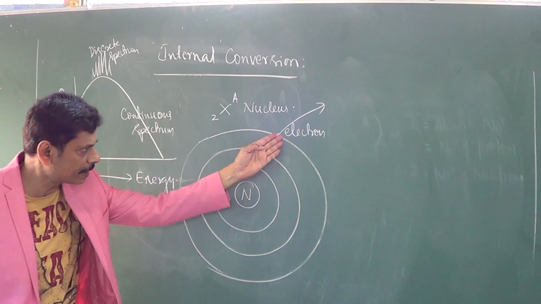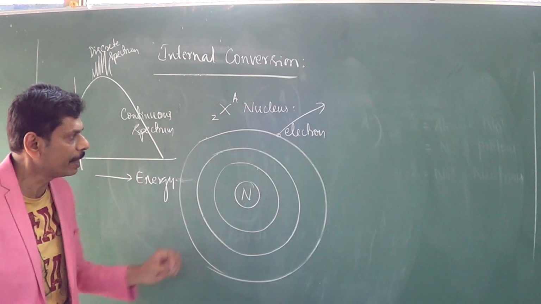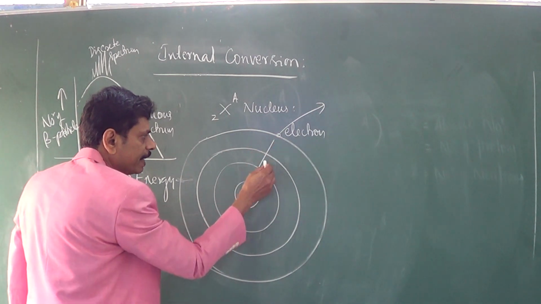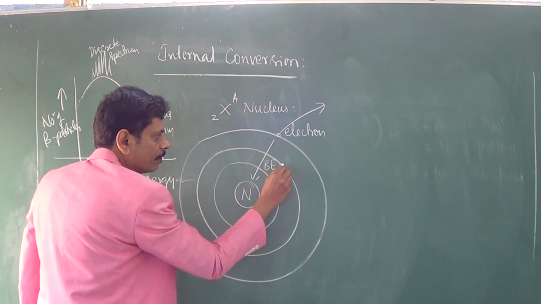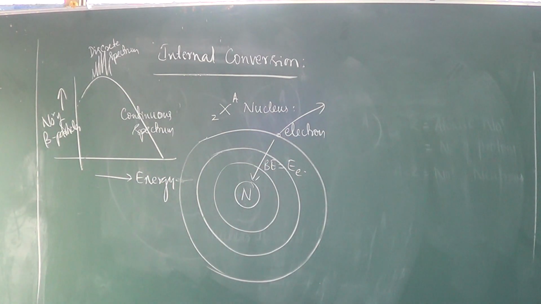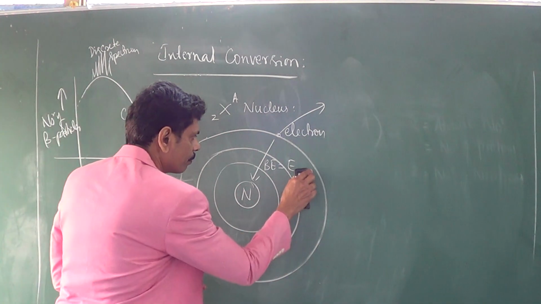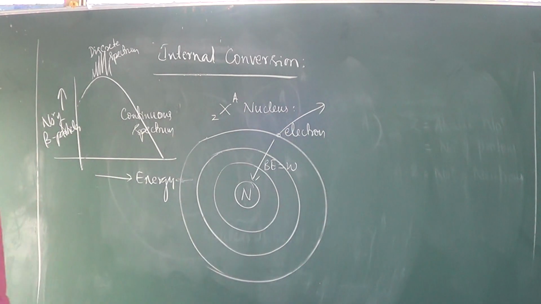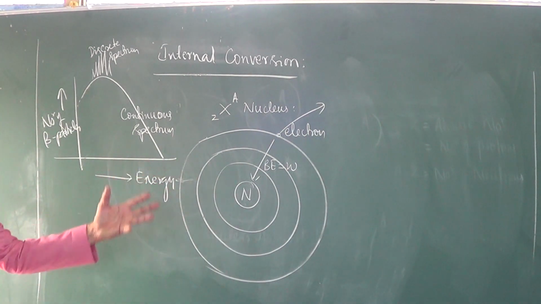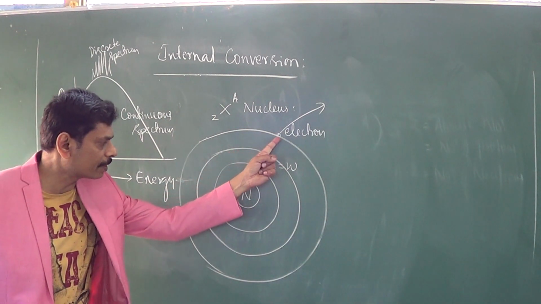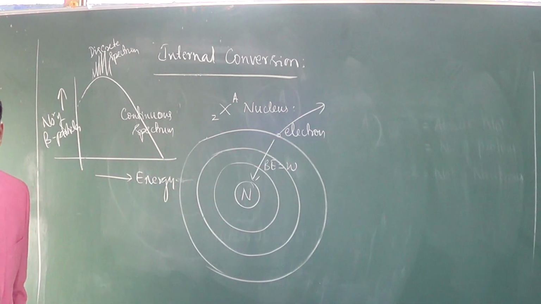Let me consider the binding energy as E suffix E. Otherwise, I will change the symbol: W is the binding energy between the electron and the nucleus, like a work function.